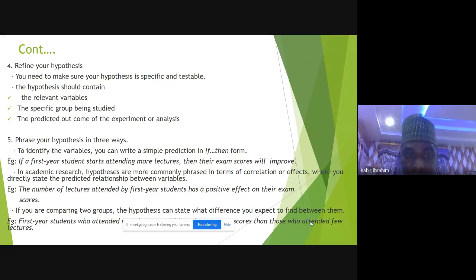For example, first-year students who attended most lectures will have better exam scores than those who attended few lectures. So you are now comparing 2 groups: the group of students that attended more lectures and the group that has less attendance of the class.